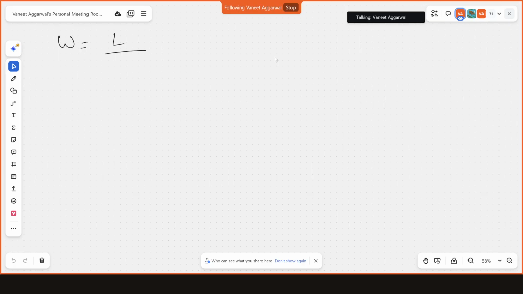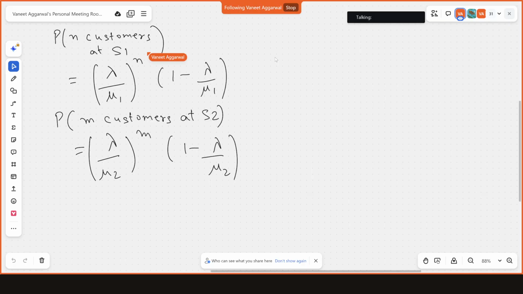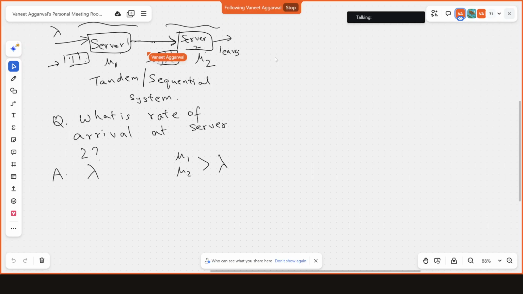That's the arrival rate of customers. So lambda is the arrival rate here, lambda is the arrival rate here. Should we use lambda or 2 lambda?